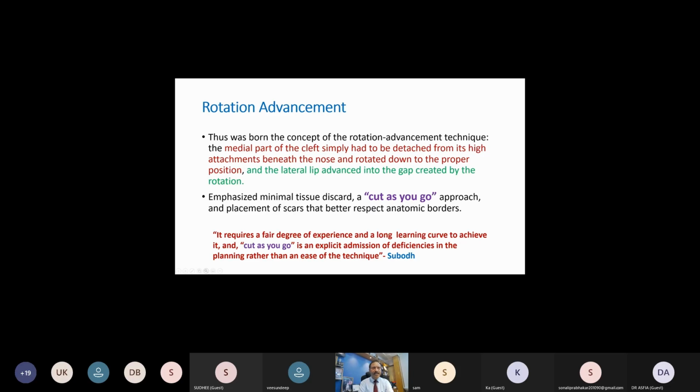He also emphasized that minimal tissue needs to be discarded because you can use a cut-as-you-go approach, and the scars are placed in the natural lines and better respect anatomical borders. He said it requires a fair degree of experience and a long learning curve to achieve it.